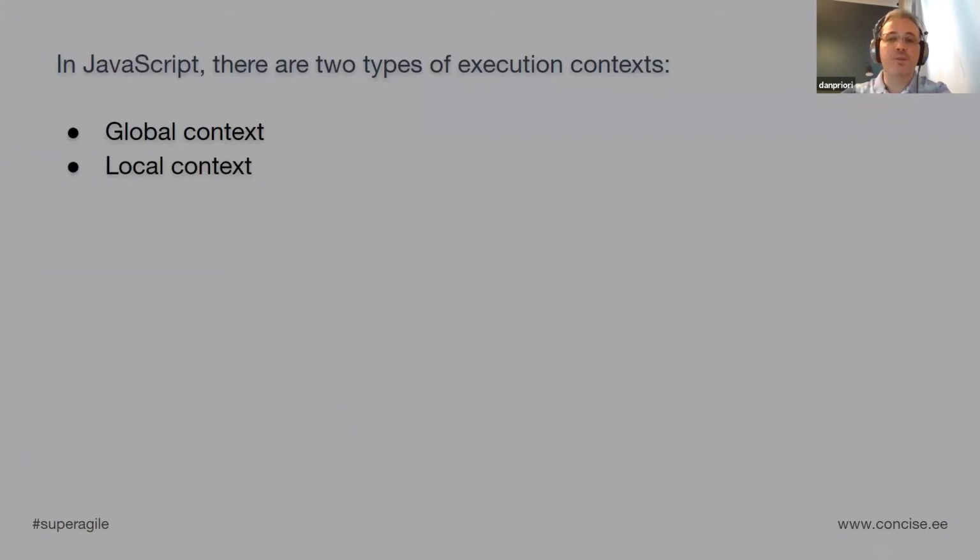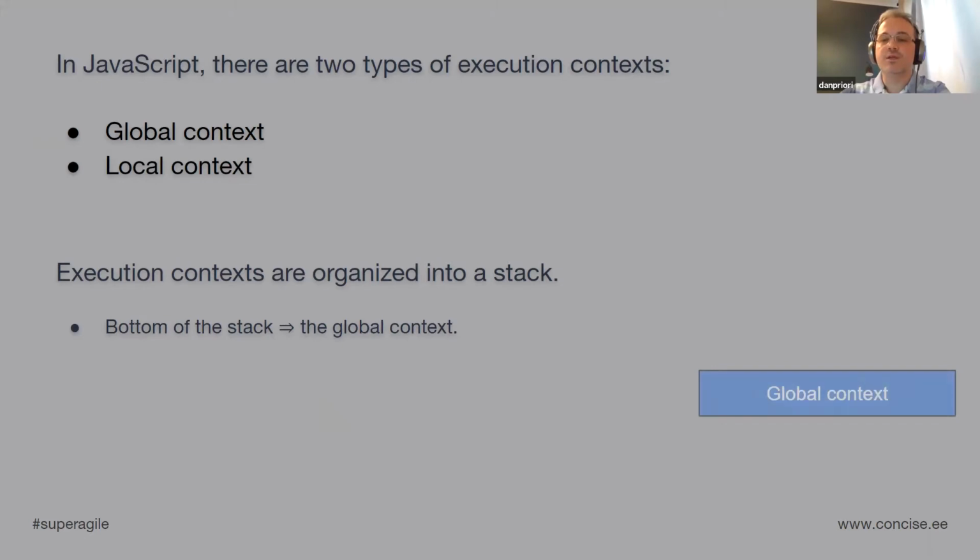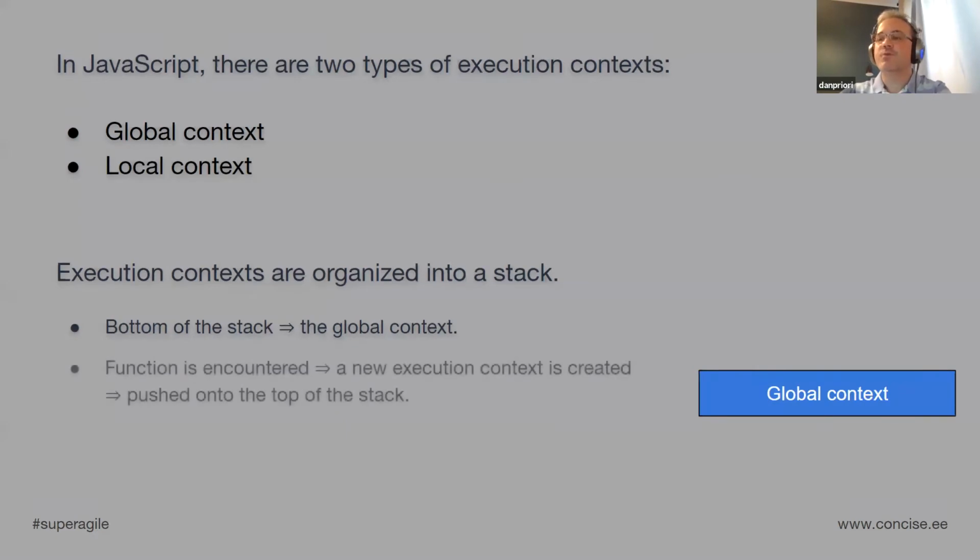So probably you might know about it. It's very easy and simple in JavaScript. However, the execution contexts are organized into stacks. So first, at the bottom of the stack, there is always the global context. It is the window, for example. Each time a function is encountered, a new execution context is created and pushed onto the top of the stack.